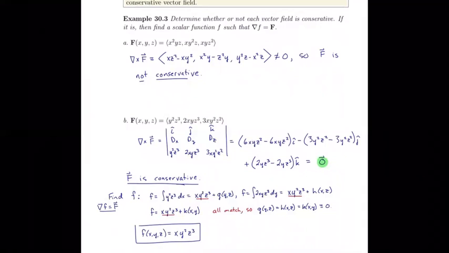So we find antiderivatives with respect to x, and that gives us this expression. And we do the same for y.